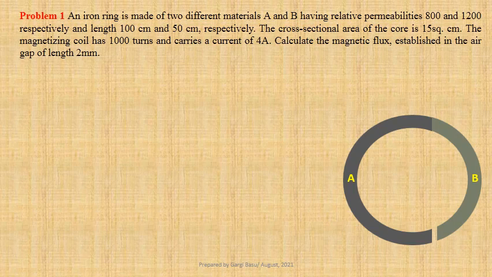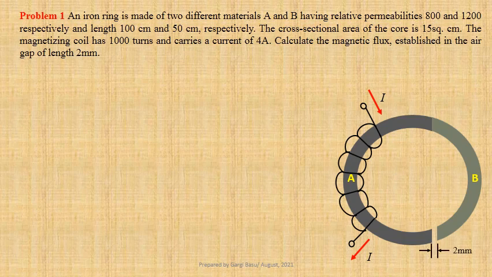The cross-sectional area of the core is 15 square centimeters. The magnetizing coil has 1000 turns and carries a current of 4 amperes. We have to calculate the magnetic flux established in the air gap of length 2 millimeters.